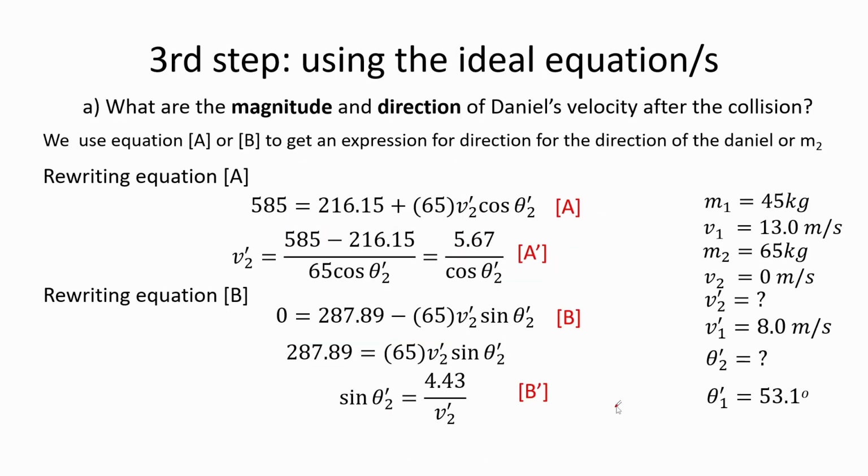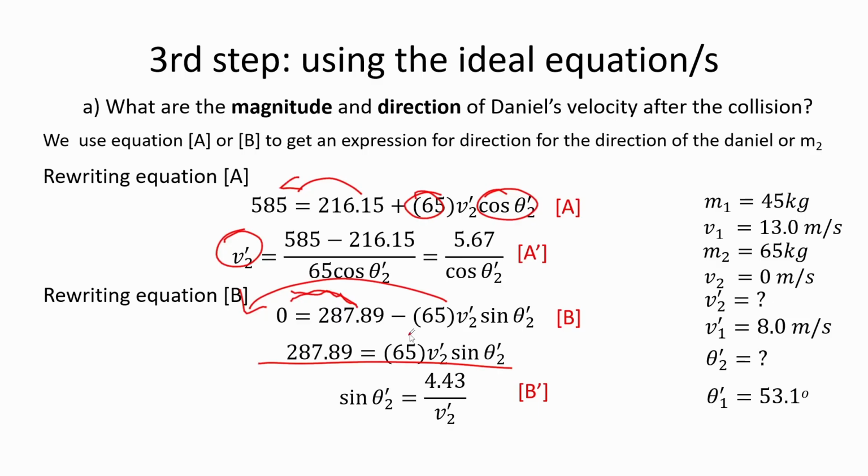Rewriting equation A, from the x-axis, to express it in terms of v2 prime: we transpose this and divide it by 65 and cosine theta 2. This simplifies to 5.65 over cosine theta 2 prime. Similarly, for equation B, we do the same. We transpose, since the negative is more convenient, creating the same expression.